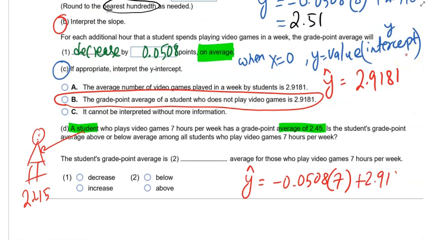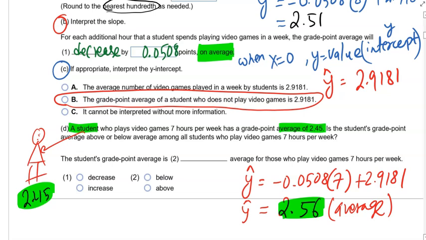Let's do the math using a calculator, and this is 2.556. Okay, this is the average GPA of the students who play 7 hours of video games per week. This is the average. And if you compare this average with this particular student's GPA, of course the student's grade point average is below, right?